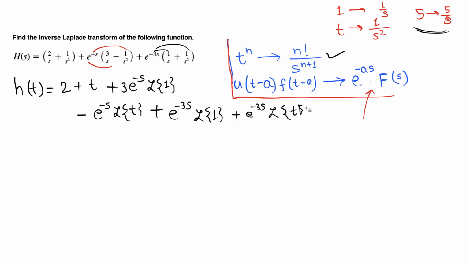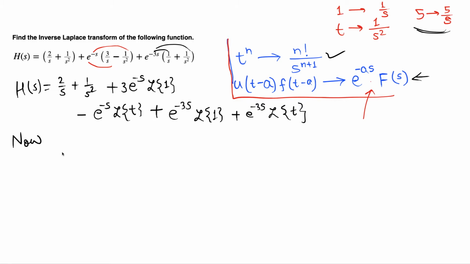I'm just setting this up so that I can apply this rule now. So I rewrote this one and I took the Laplace transform. Just to be technically correct, I haven't done anything, so I'm going to rewrite this. This is pretty much H of s equals 2 over s plus 1 over s squared plus, I basically rewrote the function.